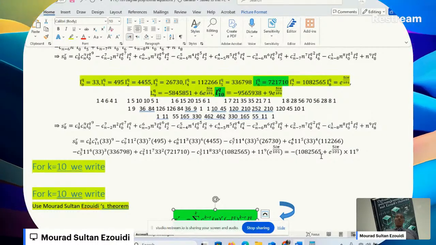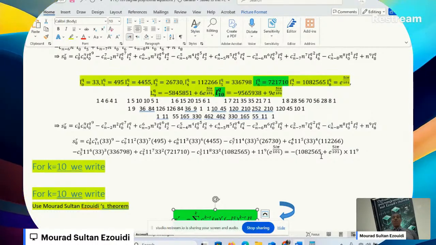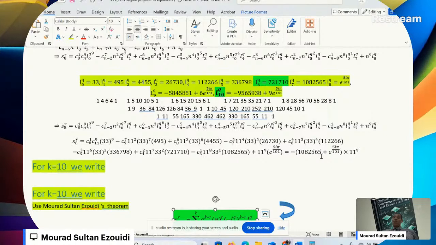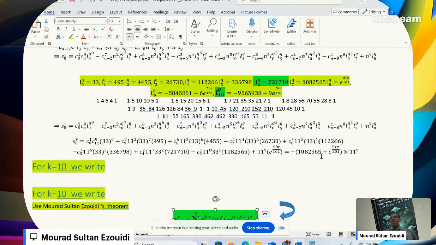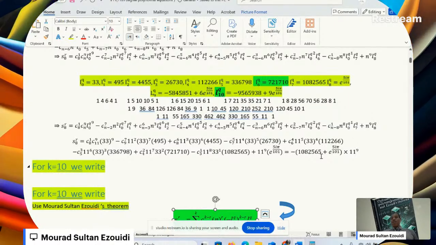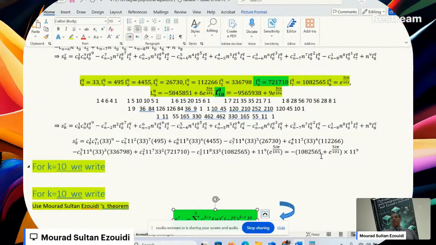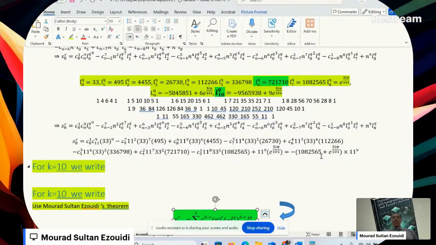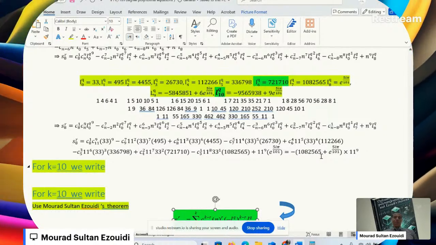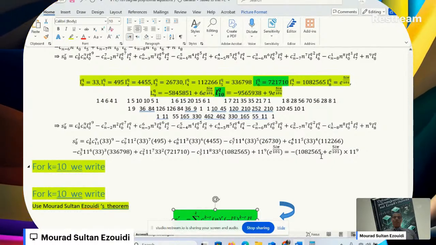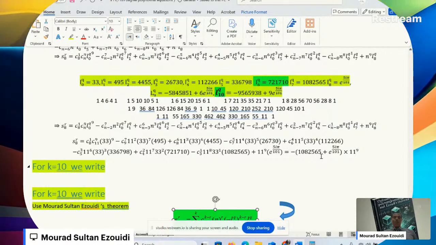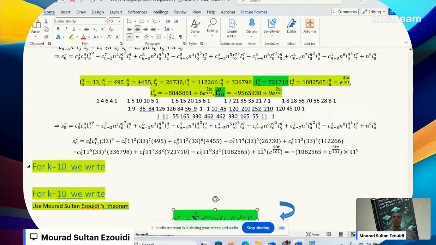As professors, teachers, colleagues, learners, trainers and researchers looking to solve the equation, you should know how to listen to this formula and see the behavior of these equations, which demonstrate that they can be solved using Mourad Sultan's theorem. So Professor Mourad Sultan Ezouidi continues explaining how to find the coefficients of this new Newton equation.